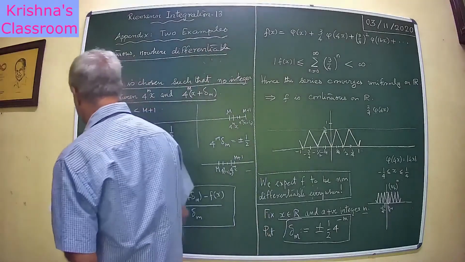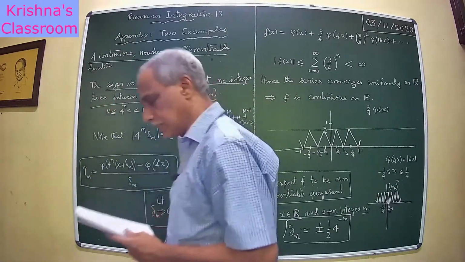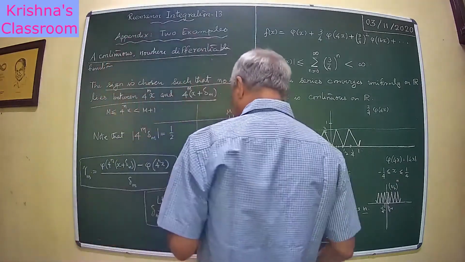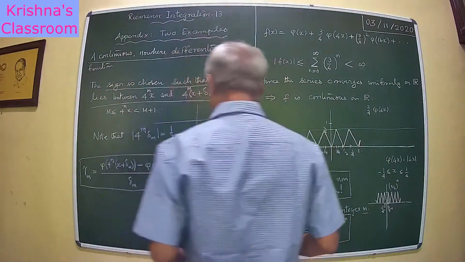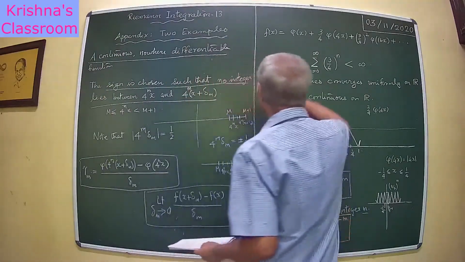So in that we will choose a function gamma n like this. It is an intermediate construction, and we will analyze this function.